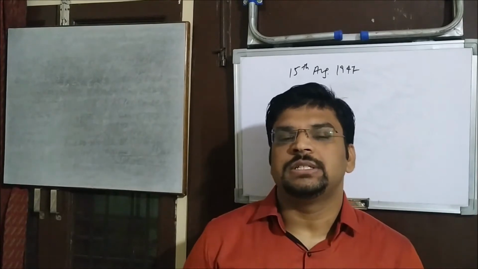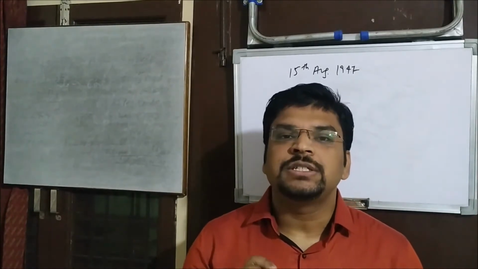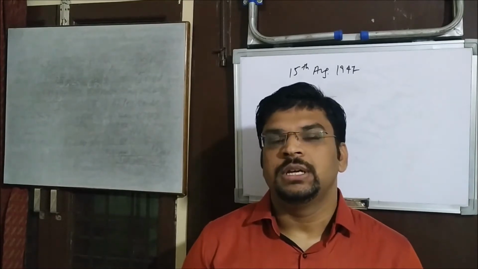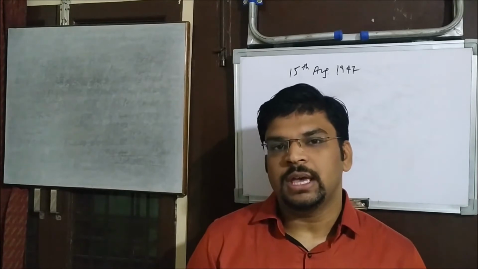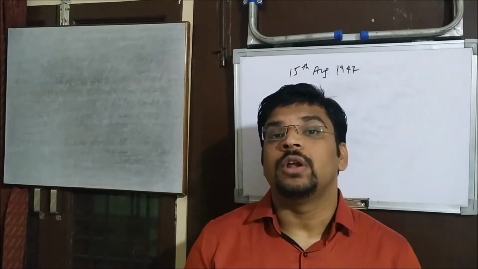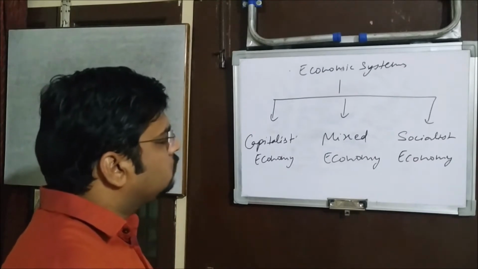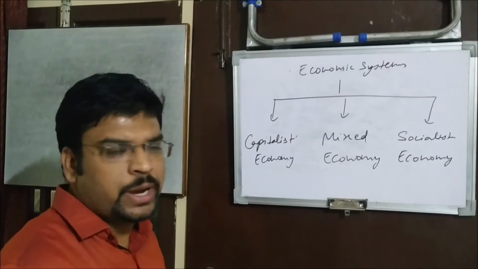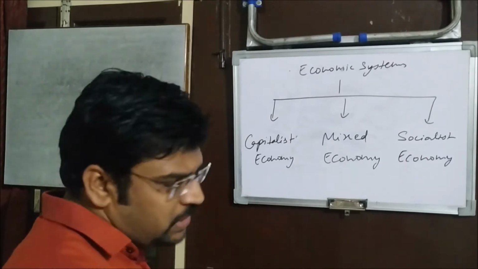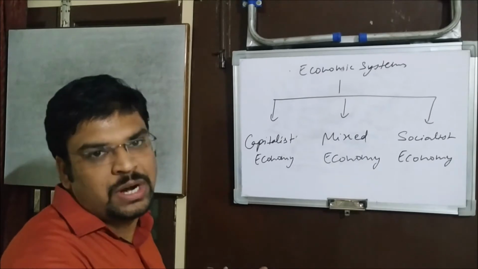So the very first question before the Indian government was which system of economy should be followed in our country. There are three types of economic systems in general: capitalist economy, mixed economy, and socialist economy, right? I am discussing it in brief because it's important to understand it for our topic.